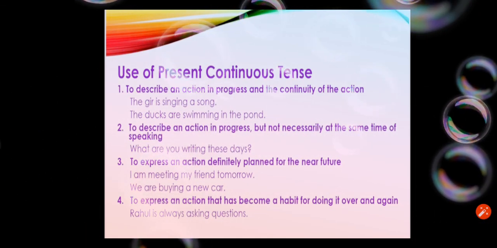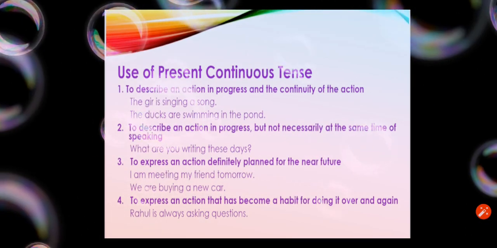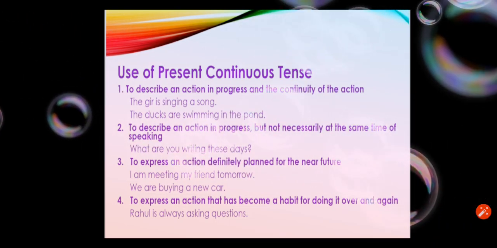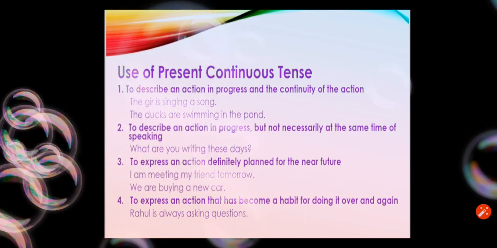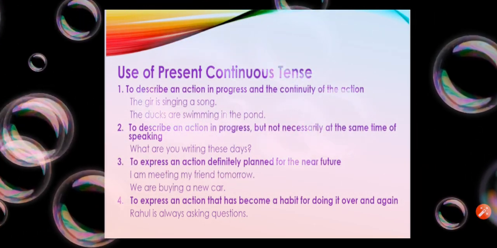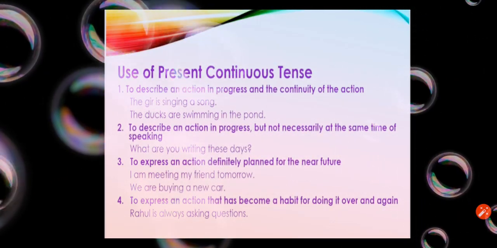Now we will discuss some other uses of present continuous tense. First is to describe an action in progress and the continuity of the action. For example, the girl is singing a song. That action is in progress. The ducks are swimming in the pond.